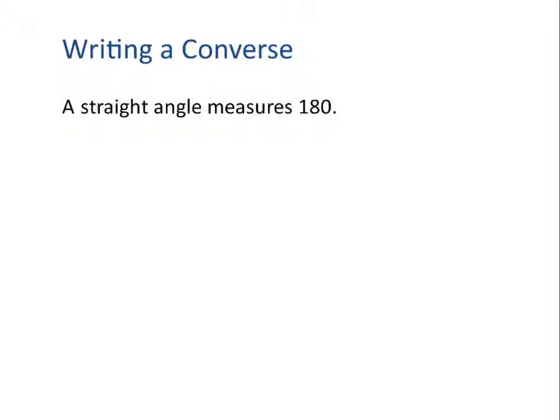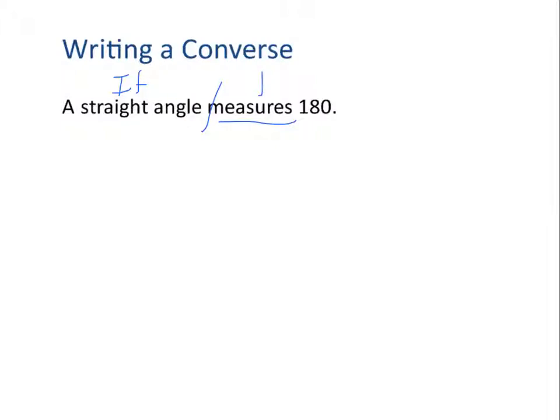Okay, I want to write a converse of this sentence. A straight angle measures 180 degrees. Okay, so in my eyes, I first have to write the conditional, then I have to write the converse. So for me, I'm going to write the conditional first of that statement, and then I'm going to write the converse. To write the conditional, I have to find the verb. "Measures" is the verb. So this, a straight angle, is the if part.